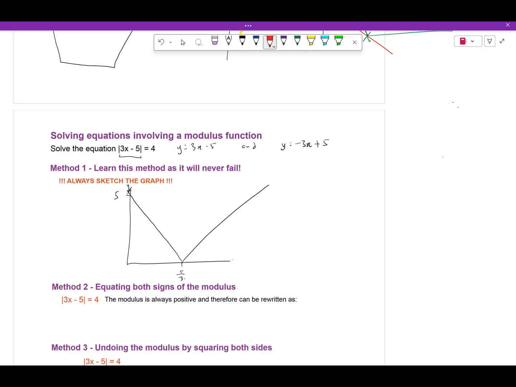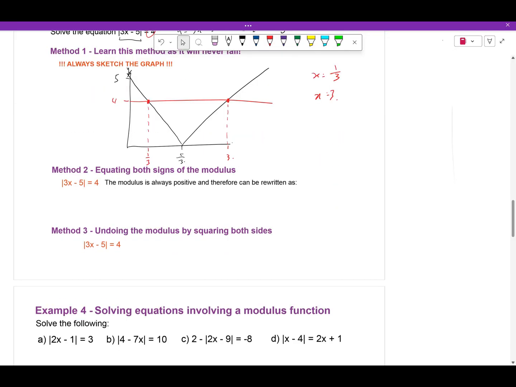Now, if I were to draw a line here, of course there should be graph paper, you cannot do this without it. Usually you need to trace according to the line. So why am I doing y equals 4? Because of this y equals 4. We look at the intersection, and you will see 1 over 3 and this is 3. So here are our x answers: x equals 1 over 3, x equals 3.